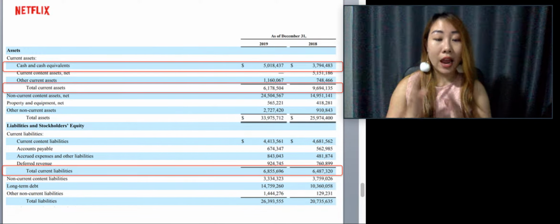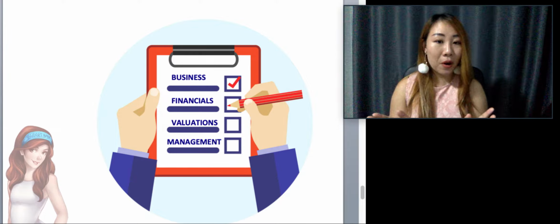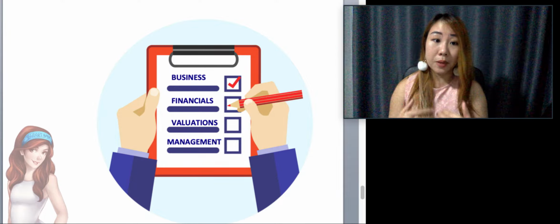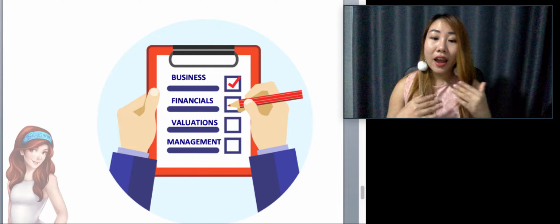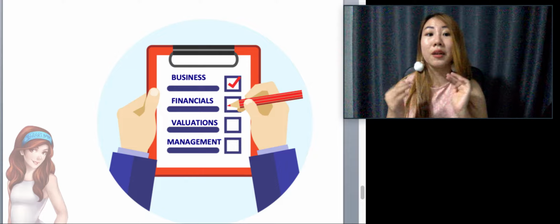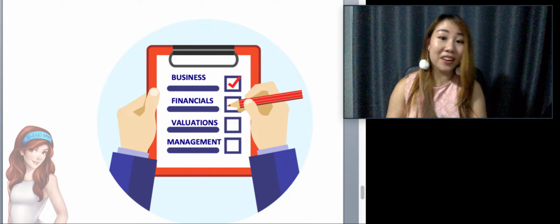And then at the end of the day, wrap that up, because that marks the end of our second portion on financials. You can go deeper into analyzing the statements if you want, but if you only have a quick few minutes to analyze the annual reports of your stocks, then this would be a simple walkthrough to at least glean a financial health status, and then you can move on to the valuations and the management, because this is not the end of your analysis.